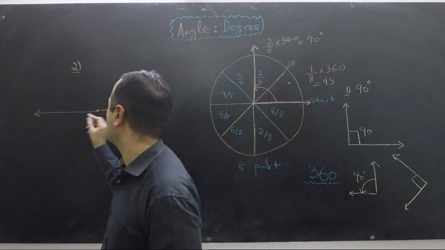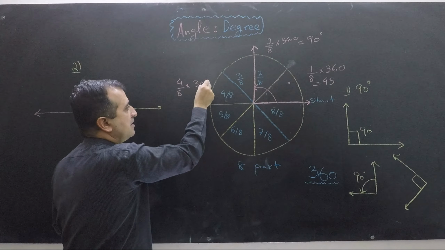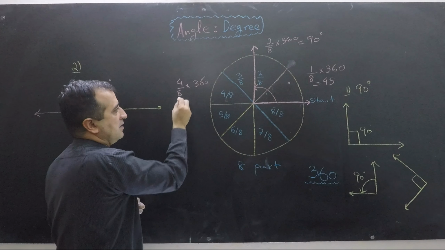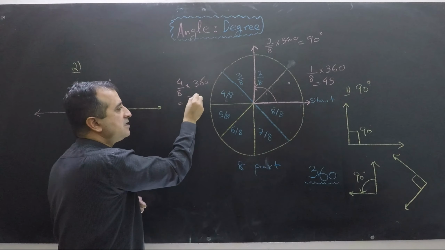Can we measure this using our circle? From here to here is 4/8. So the angle from here to here is 4/8 times 360, which is 360/2, and that equals 180.